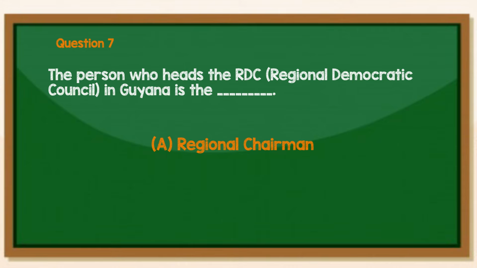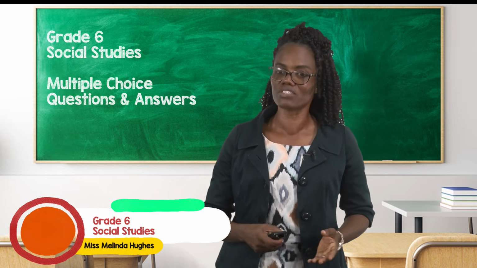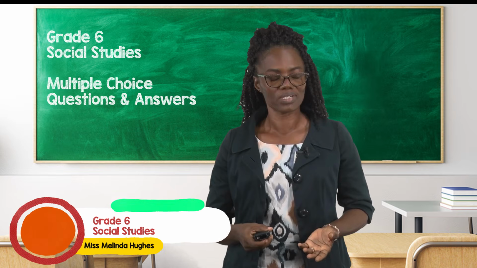The Regional Chairman is the leader who is responsible for and heads the Regional Democratic Council. The Mayor is the head of a town. Tushao is the head of an Amerindian village, or captain for another word. And the Regional Executive Officer is one of the officers who functions within the Regional Democratic Council.